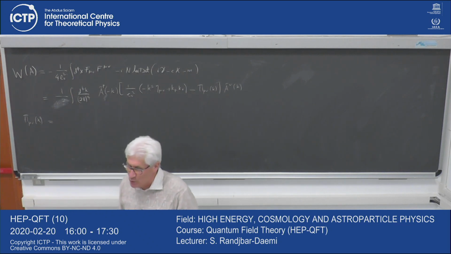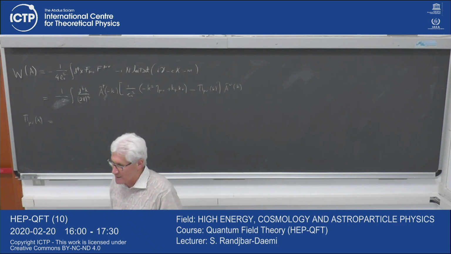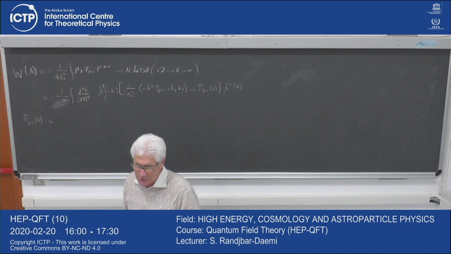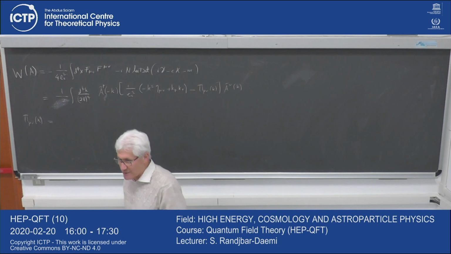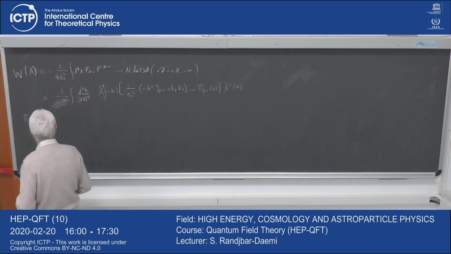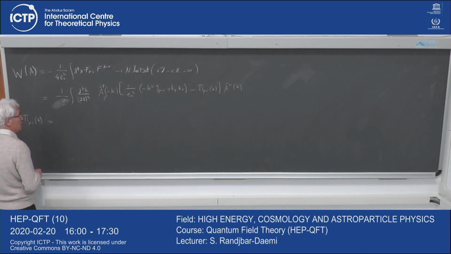There are only two possibilities, only two tensors at our disposal. One is k mu k nu, the other is eta mu nu. And it should be a Lorentz tensor of second rank. So, on general grounds, therefore, it should be a combination of these two tensors.